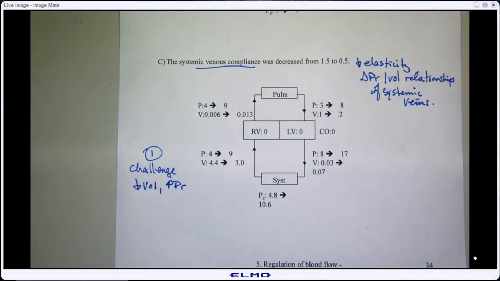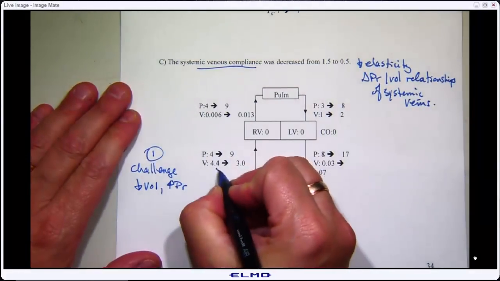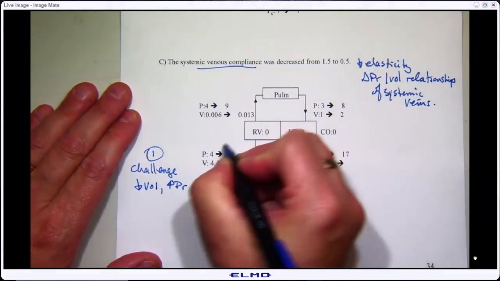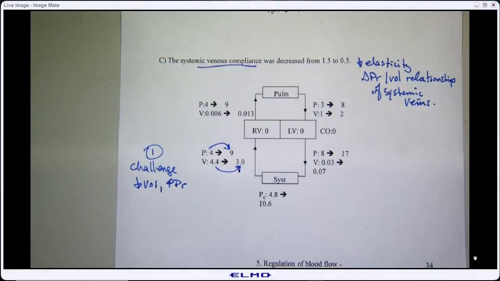I went in and we made the walls more rigid. We made it from that balloon that was easy to blow up to that balloon that's hard to blow up. Okay, so we should see a drop in volume with an increase in pressure. That was the challenge. All right, so I have less volume in there and the pressure's higher.